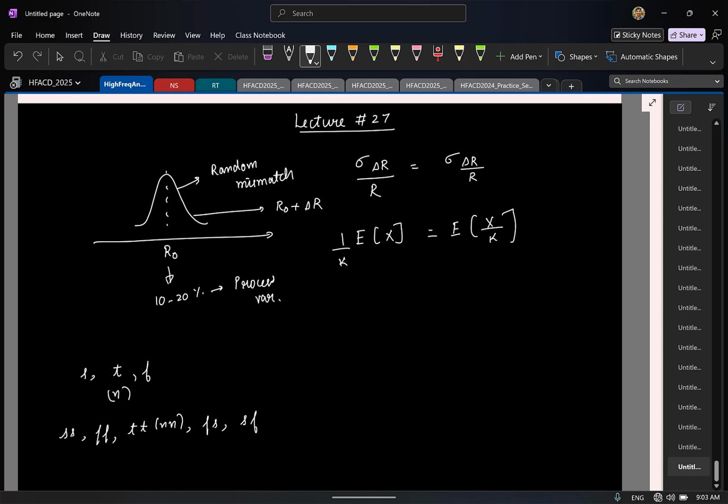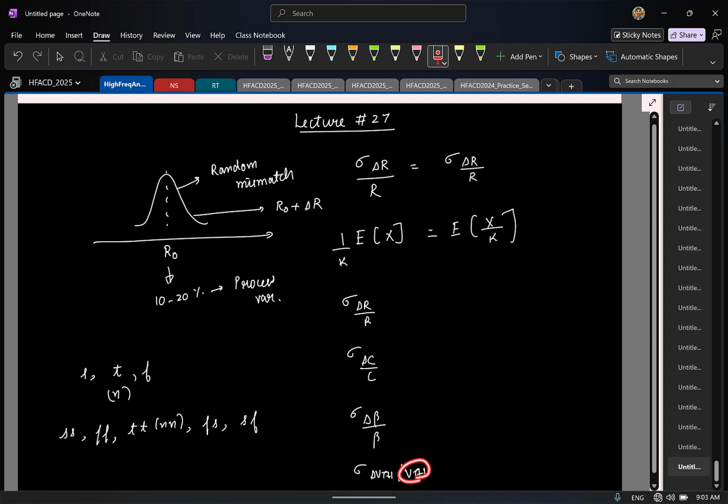And the same way we use it for capacitance also: for resistors sigma delta R by R, for capacitance sigma delta C by C, relative mismatch. For MOSFETs, the current factor mismatch is again normalized, but the threshold voltage variation we don't normalize, because if you do this, you will find sometimes the threshold voltage of transistors nominally itself might be close to 0, so this quantity blows up, doesn't make sense, so we don't normalize threshold.